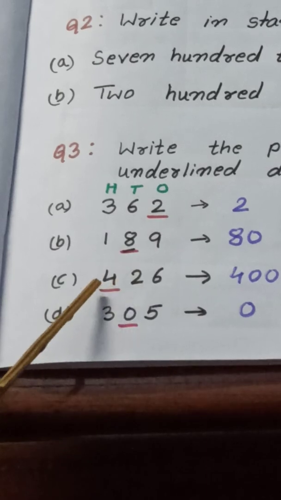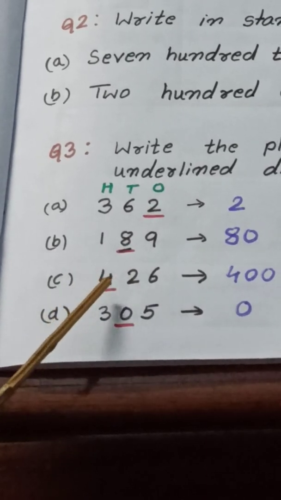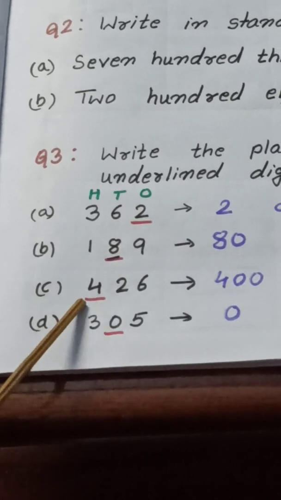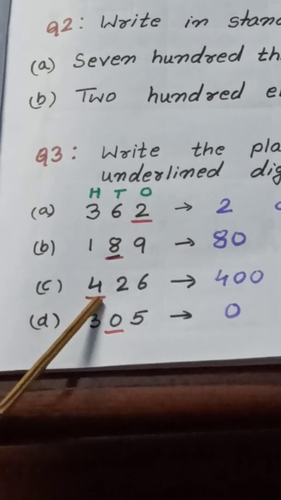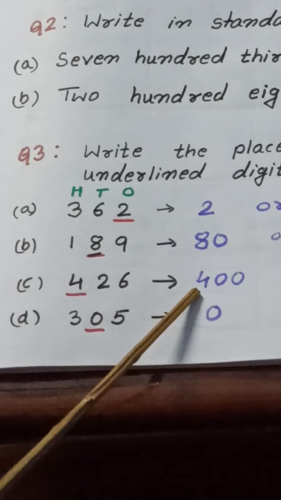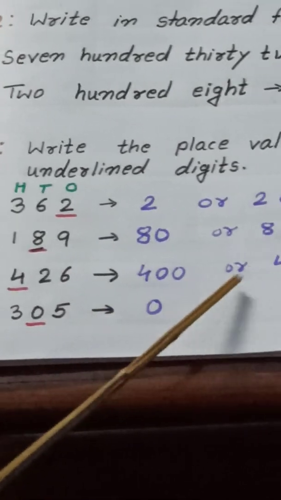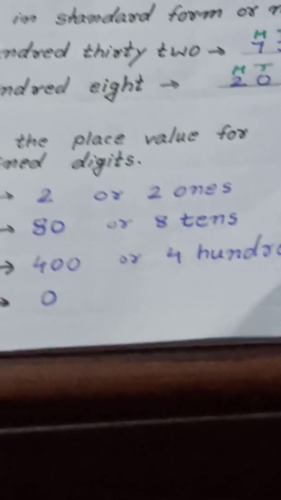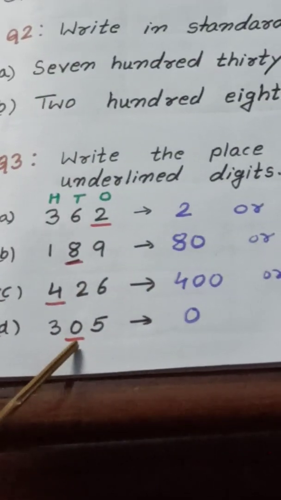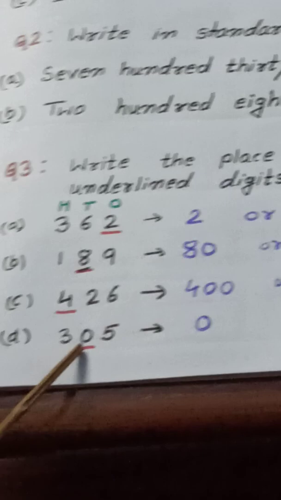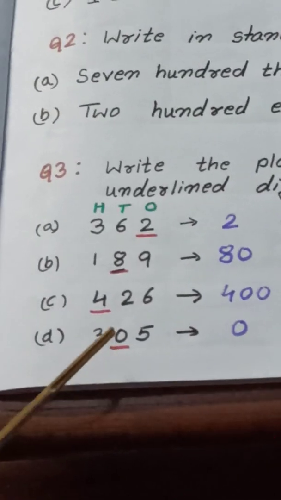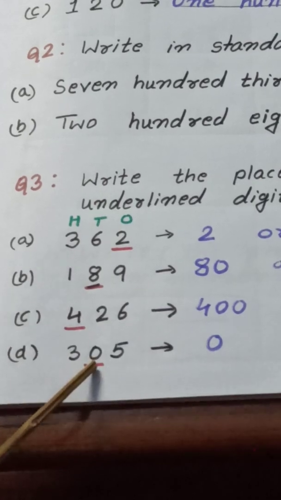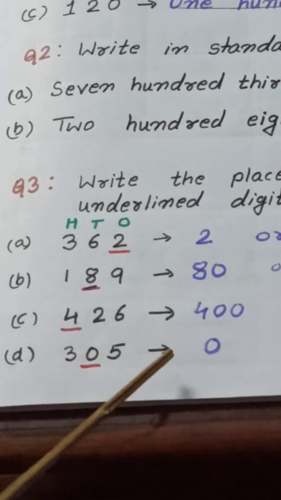Now question C, 426. What is the place value of 4? It is 400. That's why I have written here 400, or you can write 400s. Now here we have to find the place value of 0. Children, you have to remember the place value of 0 in any number always will be 0.